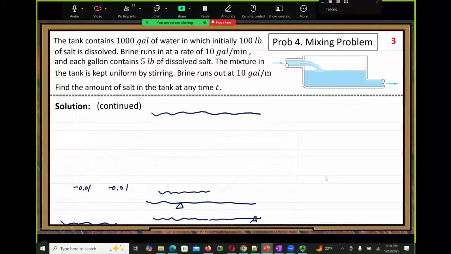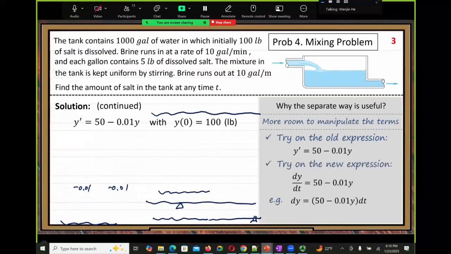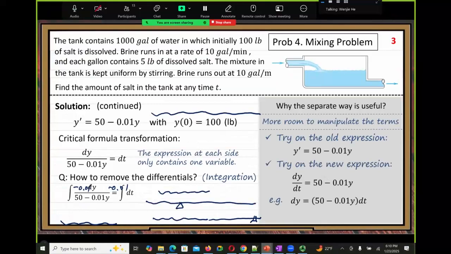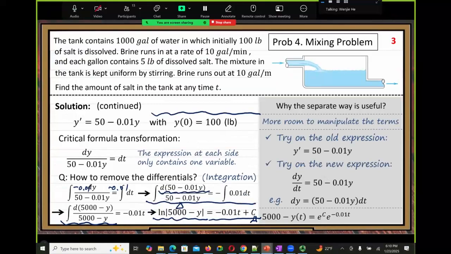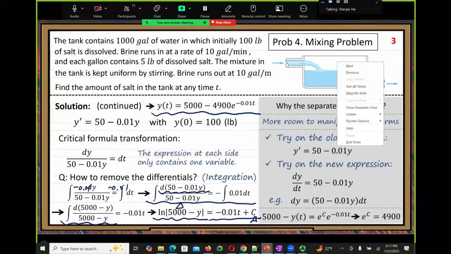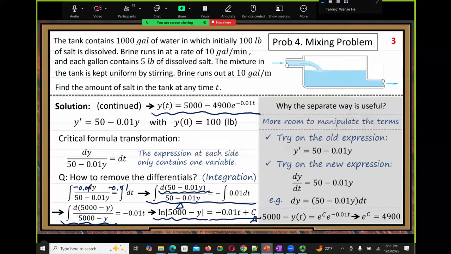So we complete that. We are at the last step, this step. But there is one question we haven't answered in class, so I asked you to think about it.